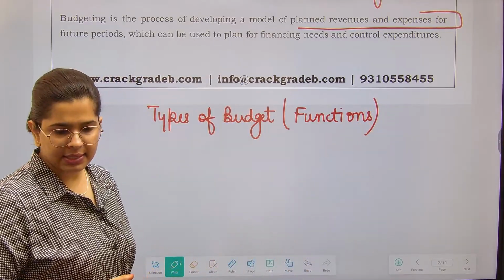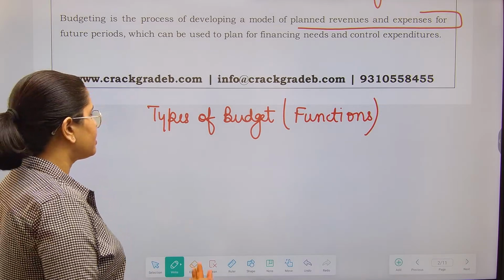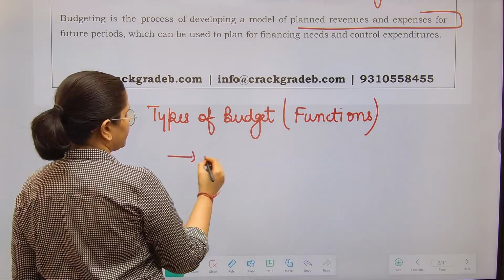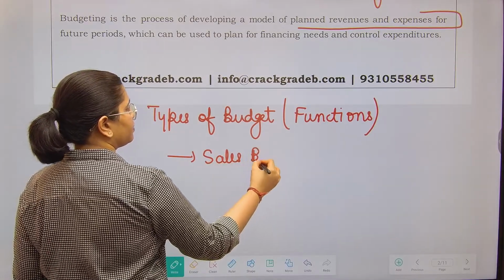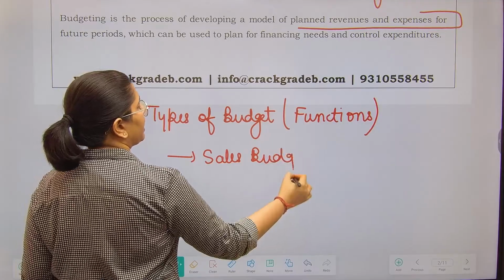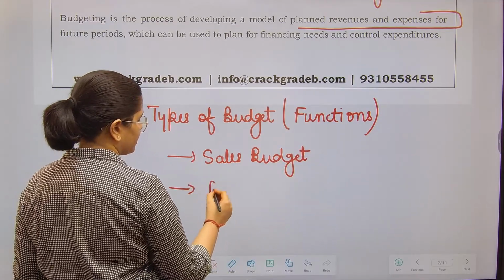So in a business, we have different kinds of functions as well, right? So suppose we are having a sales budget. This is for the sales department. They are making the sales budget. Then we have purchase budget.